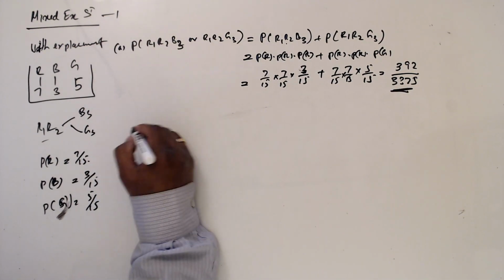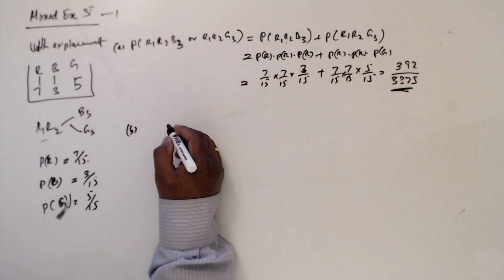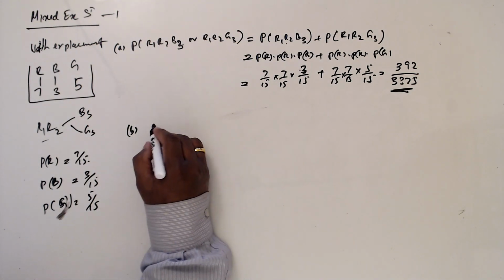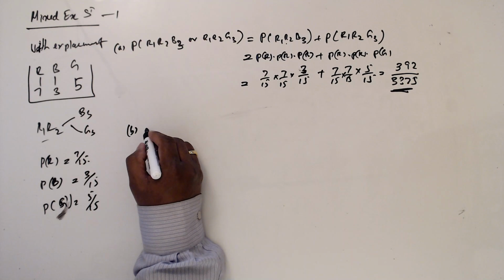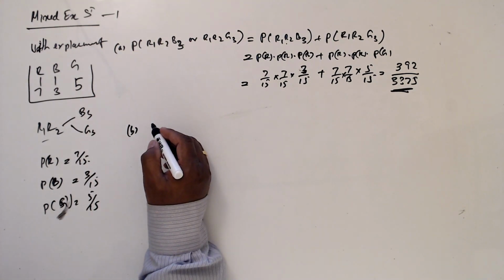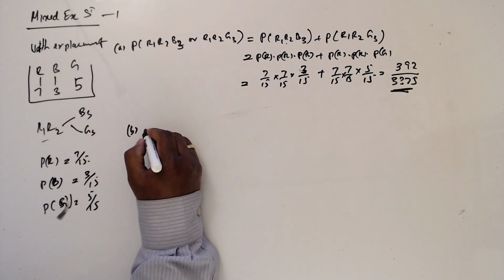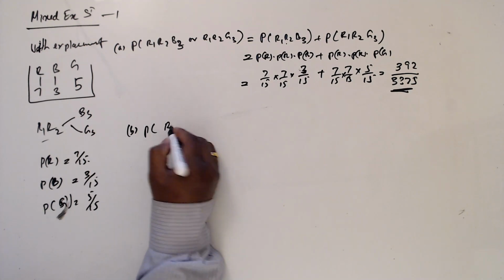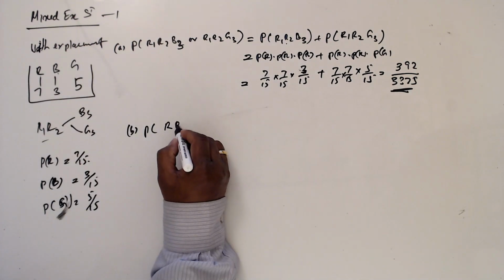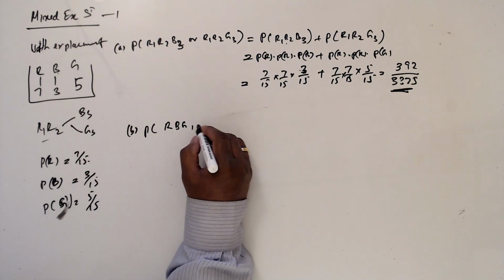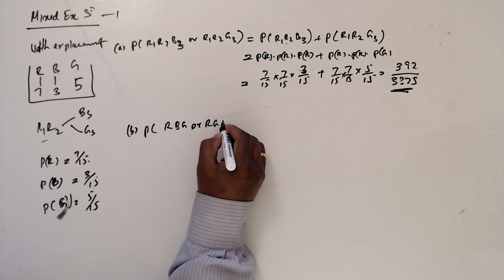Part B. 1 red, 1 blue, and 1 green bead chosen. So red, blue, and green. Probability of R fixed: RBG, RGB.